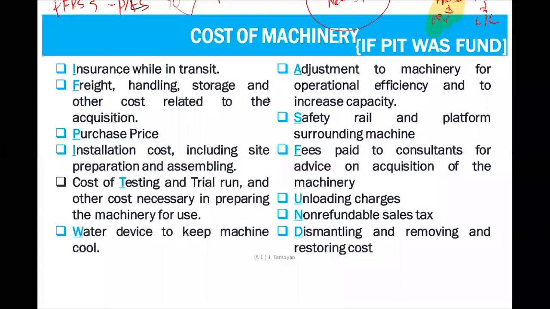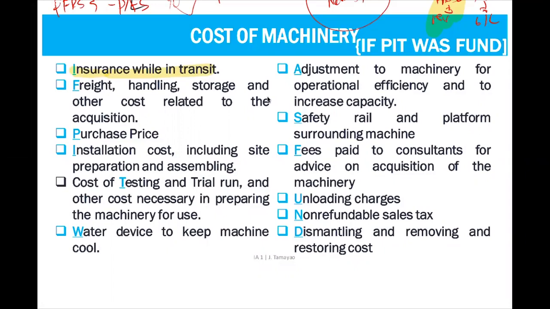So we continue with your cost of machinery. Under your cost of machinery, we have here your mnemonic "IF PIT WAS FUND." So the first is your insurance while in transit. So here is an insurance cost of your machinery while the machinery is in transit. This is different from the insurance that we have discussed a while back.